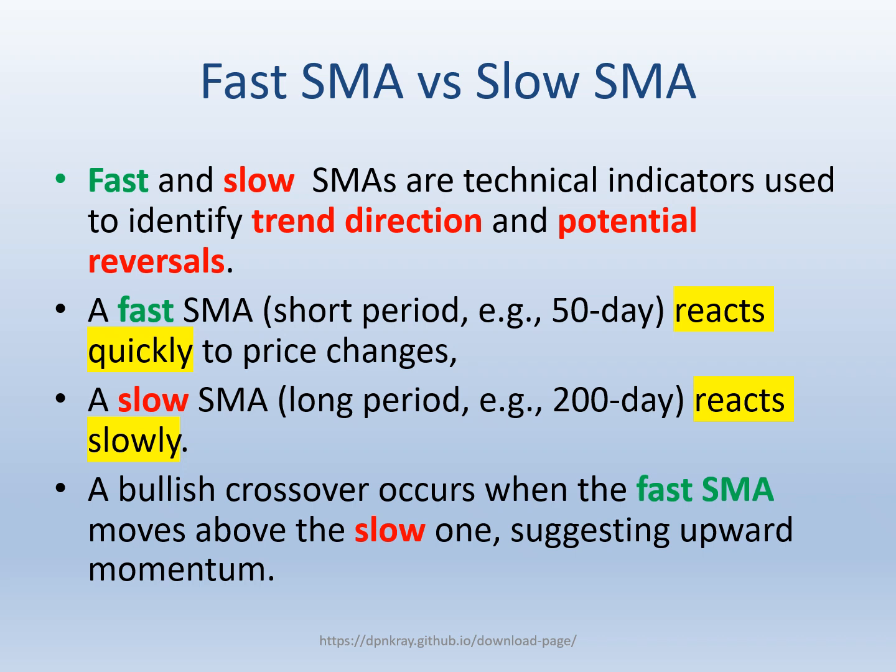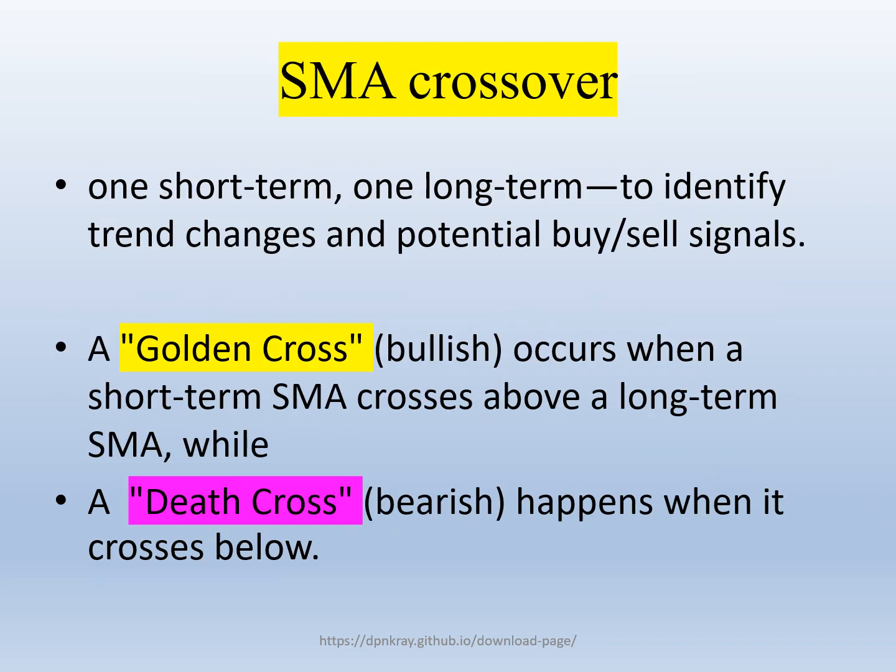A bullish crossover occurs when the fast window moves above the slow one, suggesting upward movement. There are two crossovers, golden crossover and death crossover. What is a golden crossover? It occurs when a short-term SMA crosses above a long-term SMA, and death crossover, that is a bearish crossover, occurs when it crosses below the long-term SMA.